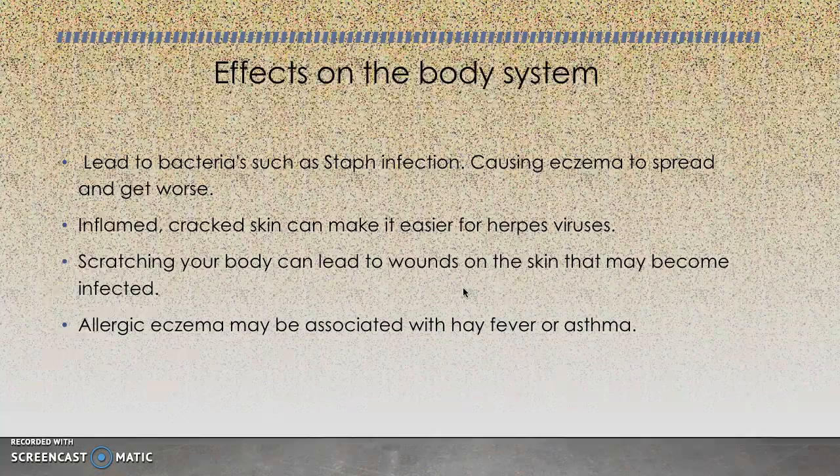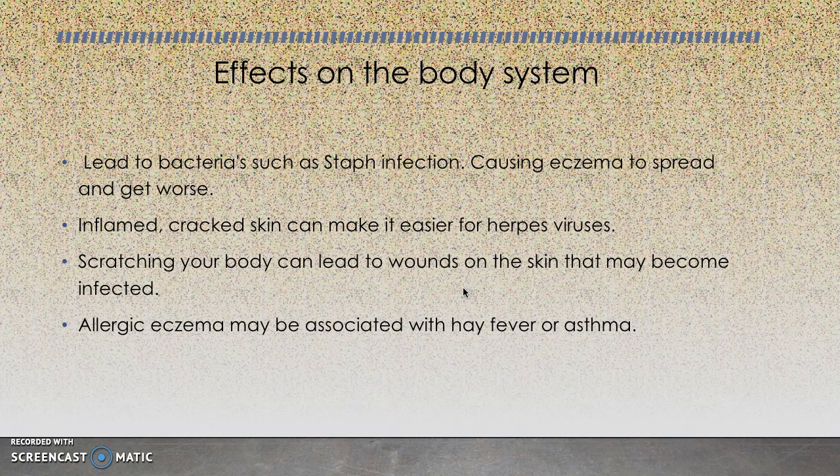The effects on the body system. It can lead to bacteria such as staph infection, causing eczema to spread and get worse. Inflamed, cracked skin can make it easier to get the herpes virus as well. Scratching your body can lead to wounds on the skin that may become infected. Allergic eczema may be associated with hay fever or asthma.